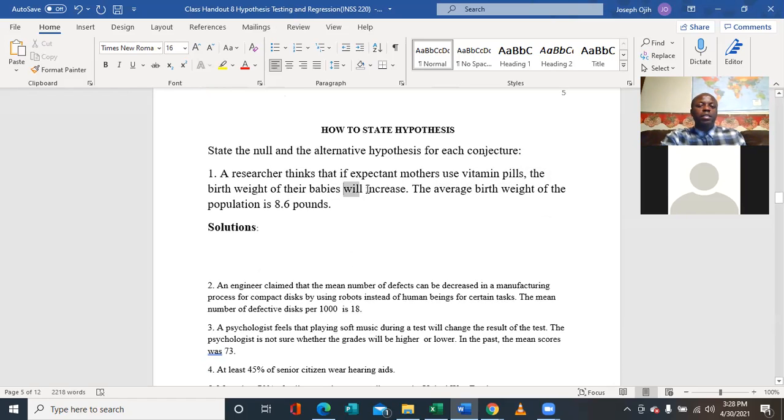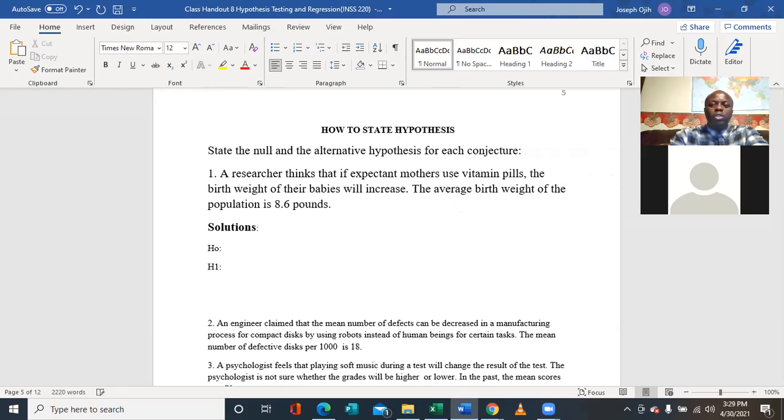So increase and the average birth weight are the keywords. So the hypothesis will be as follows: H0, because this is average, it's going to be mean, and the H1, we need H1 as well.